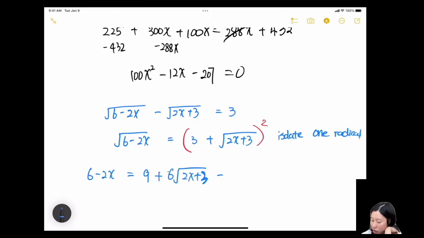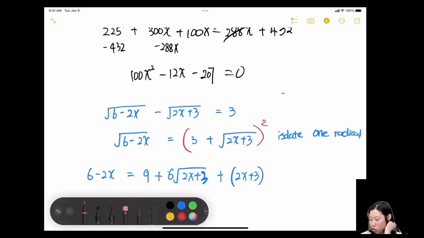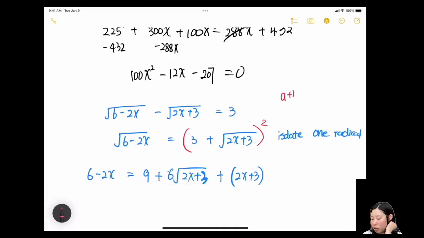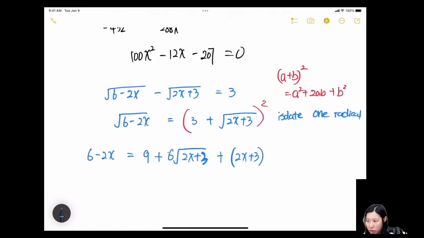And then plus 2x plus 3, because the square root and square cancel. We follow the perfect trinomial, which is a plus b squared equals to a squared plus 2ab plus b squared. Okay, so the next step is we isolate another radical by subtracting them.